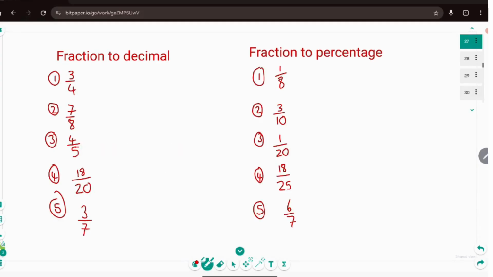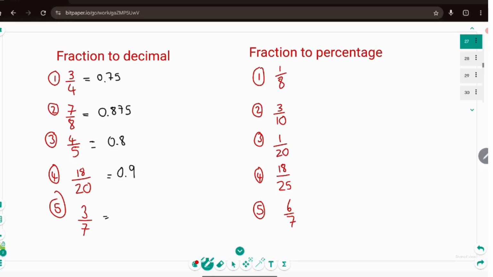Again, have a go at all of these. Put me on pause, unpause when done. This one, 0.75. 7/8 is 0.875. 4/5, 4 divided by 5, 0.8. 18 divided by 20, 0.9. 3 divided by 7.